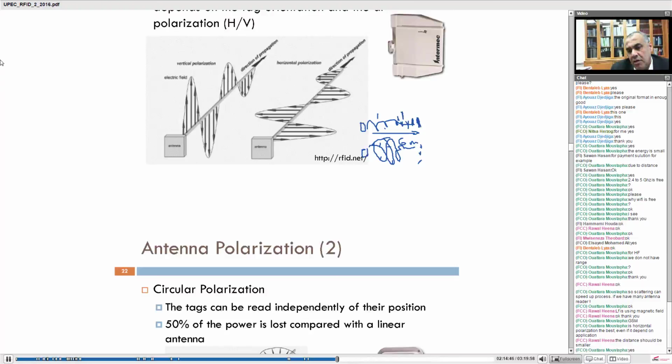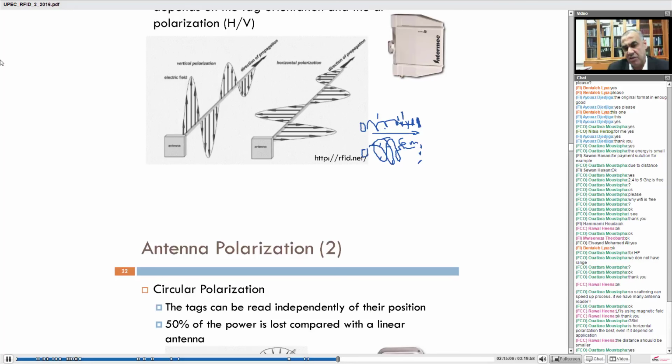Maybe with linear you miss that. You miss that here with the first configuration. With the second, because it is circular, you can catch everything, but you cannot have enough energy to reach this. Okay? This is the difference.